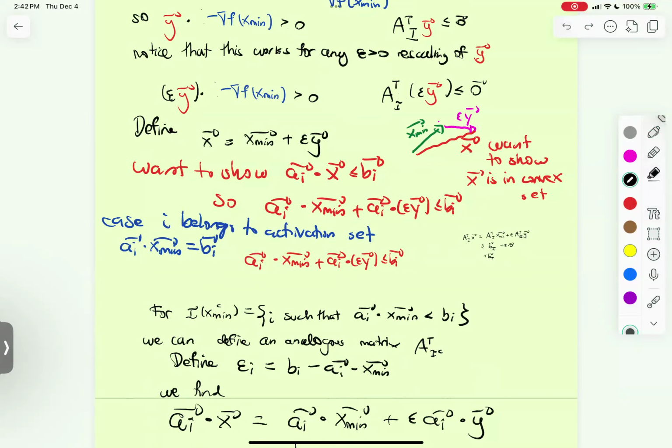You have a BI here as well, so the BI is cancelled, right? So to show this inequality, you just have to show that AI dot epsilon y is less or equal to 0.